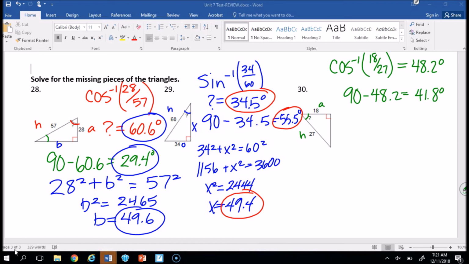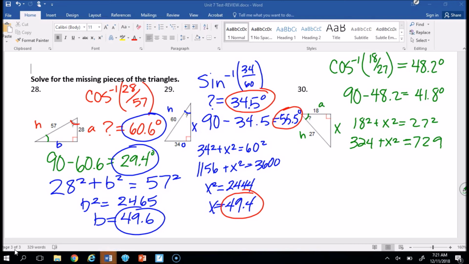And then we are going to solve for our third side. Again, we have our hypotenuse and we have one of our sides. I'm going to call this one x again. So we're going to say 18 squared plus x squared equals 27 squared. So that's going to be 324 plus x squared equals 729.